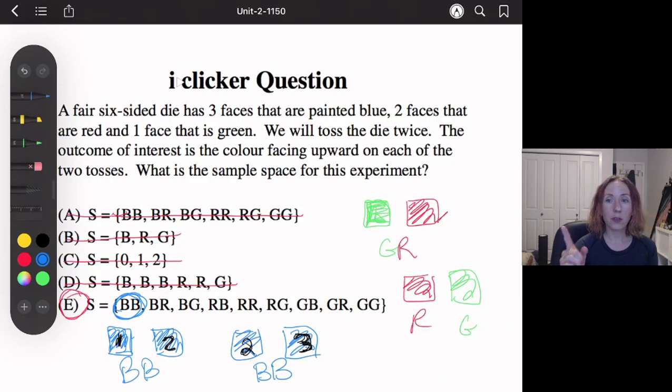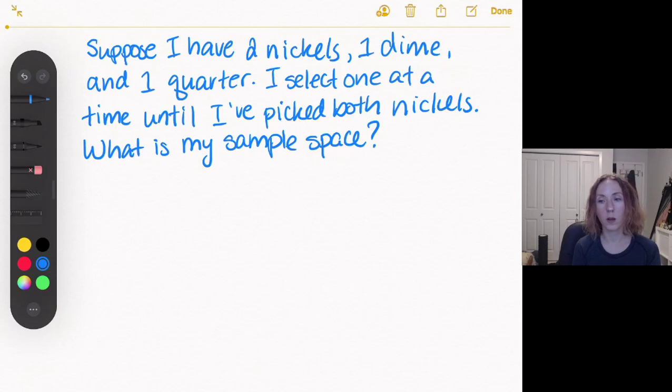Now, there's one other type of sample space that I want to talk about, which is when our subsequent actions are going to be affected by what we had done previously in the experiment. So let's bring up a question. Suppose I have 2 nickels, 1 dime, and 1 quarter.